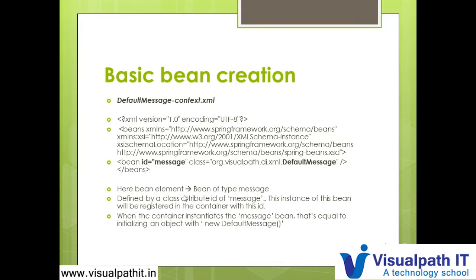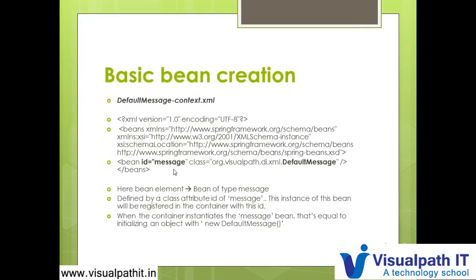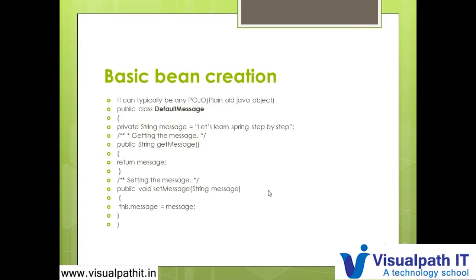Here, how do we define that in the XML? These are all the namespaces associated with the bean.xml. Here I have the bean ID specifier called message. This ID, the string message, has been declared over here: id equal to message, class equal to the complete class name.